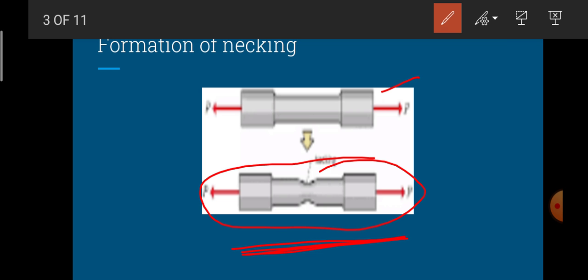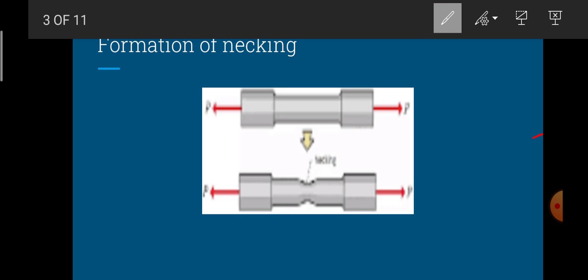And with the increase in the length, there is also a decrease in the dimension perpendicular to the application of the load, which is called necking. Necking is nothing but the tensile deformation which causes a decrease in the dimension perpendicular to the direction of the load applied. So this is the concept of necking.